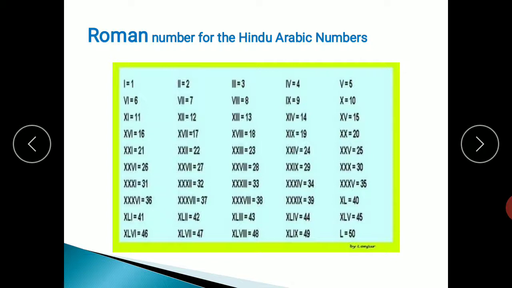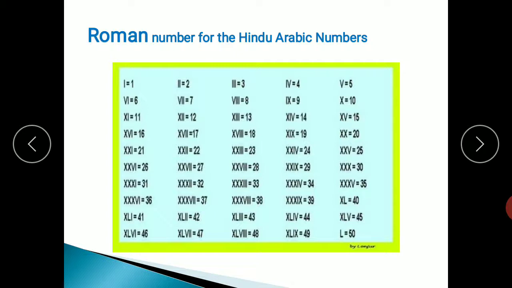When you write it on the front side, 5 with I will become 6. When I write 2 times I it will become 7. V with 3 times I will become 8.